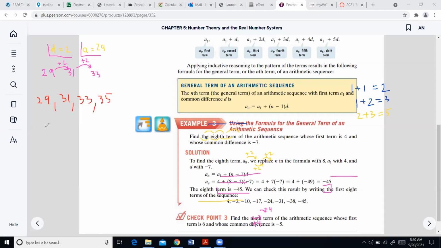So the first term is A, which is here, 29, A1. They say first term, so they put 1. So how do they produce the second term, A2? Well, they take A1 and add the difference, right? And the difference was 2. So the difference is 2.